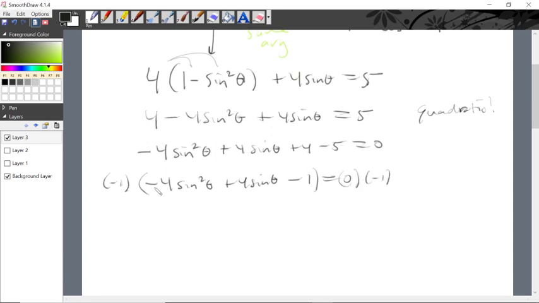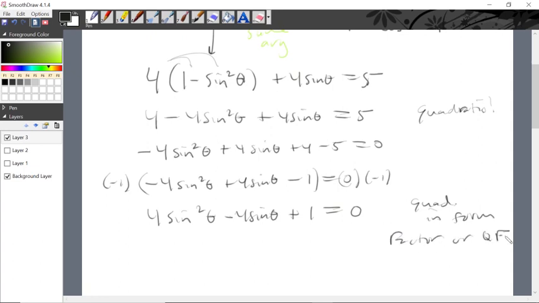So I'm going to multiply both sides by negative 1 to make the leading coefficient positive. Okay, so 4 sine squared theta minus 4 sine theta plus 1 is equal to 0. This is quadratic in form. So we can either do factoring strategy or we do the quadratic formula.